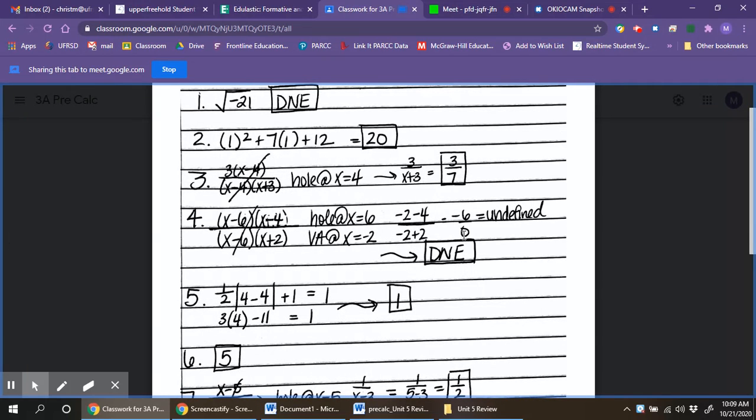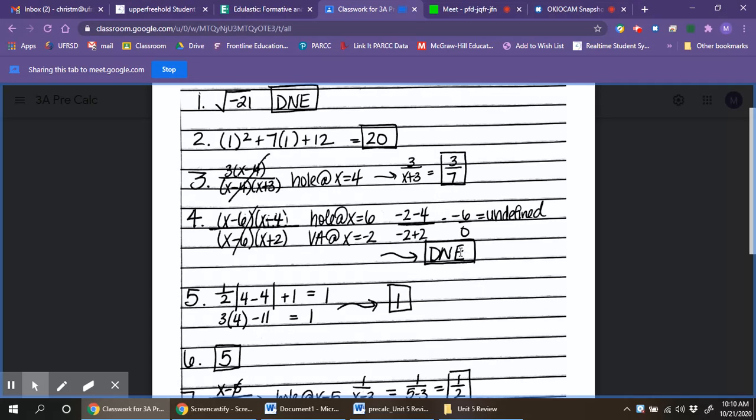Now let's say, if you don't have a limit after you factor, but you have a hole, can that happen? So after I factor it, the limit does not exist, but there was a hole? Is that what you're asking?